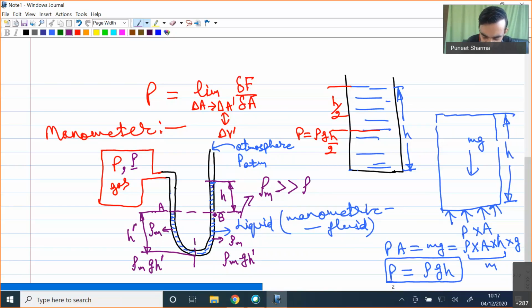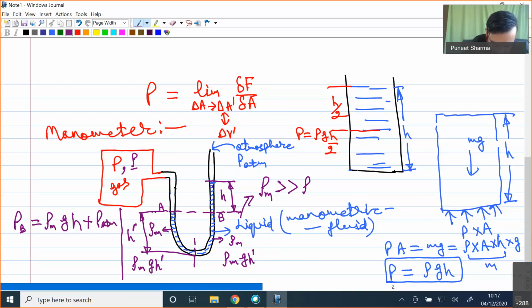We can clearly see point B is at h height below the atmosphere. So rho m g h will be the pressure at point B. Apart from that, atmospheric pressure is also acting from the top. So the pressure at point B will be rho m times g times h, plus P atm also.